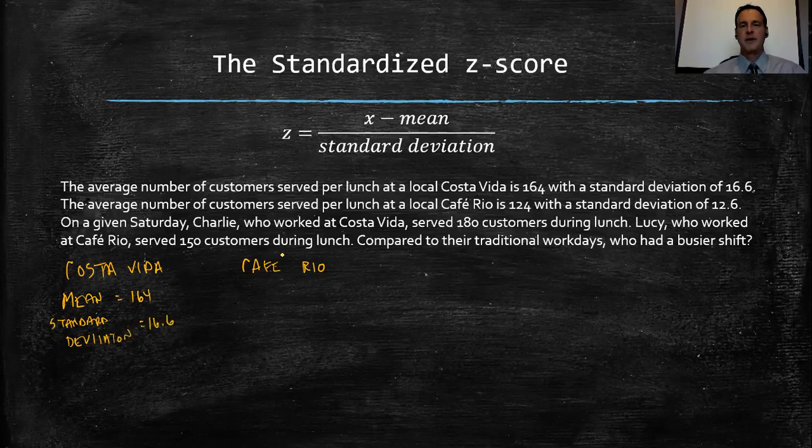Cafe Rio has less. They have a mean of 124 and a standard deviation of 12.6.